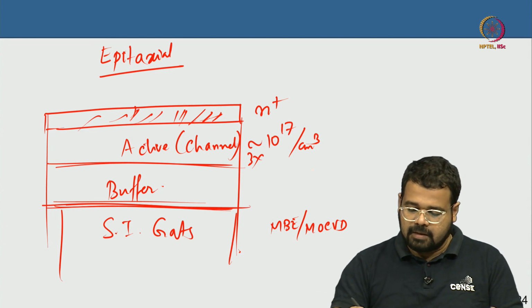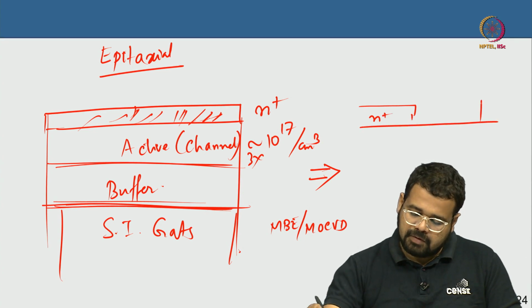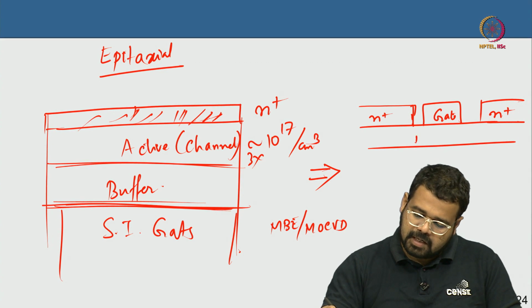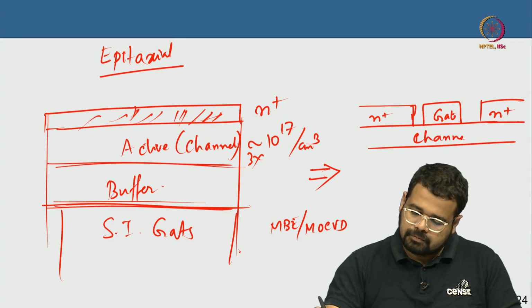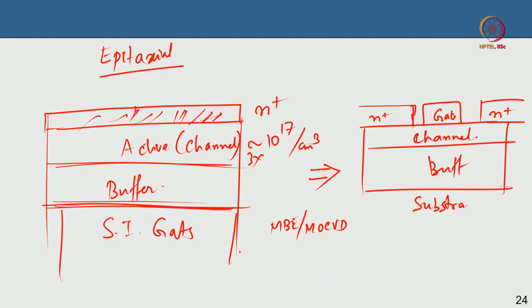So this structure will now look like you have an N plus layer, which is etched away so that you can put the gate here, and this is your channel layer, and this is your buffer layer, and this is your substrate of gallium arsenide.